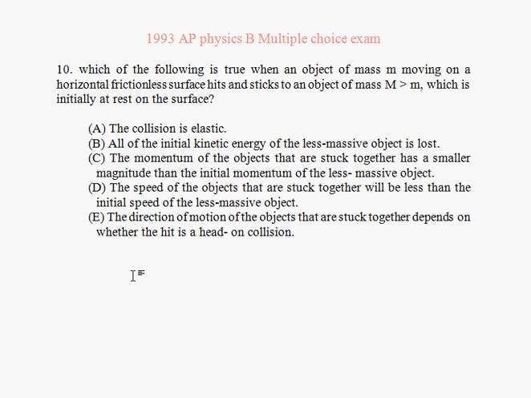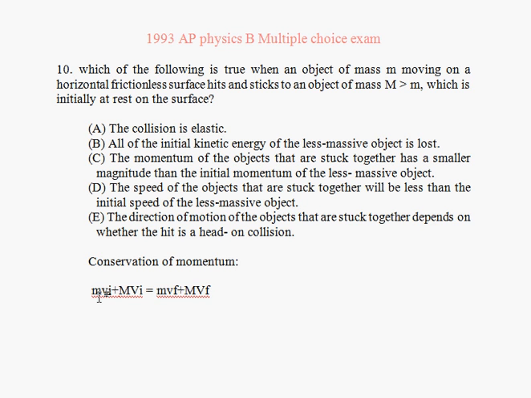There is a collision, therefore when there is a collision, with objects sticking together, the first thing you do is conservation of momentum. And what is the conservation of momentum?